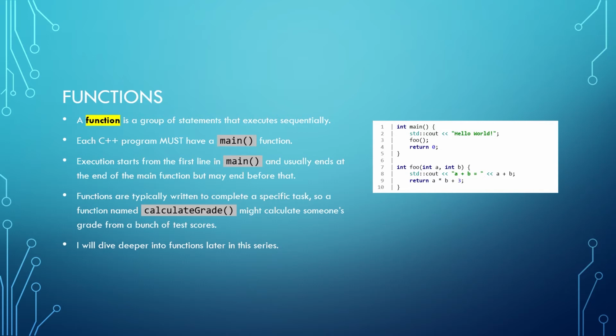The certain cases when it ends before that, we're not going to talk about in this video. Functions are typically written to complete a specific task. So a function named calculateGrade might calculate someone's grade from a bunch of test scores. I'll dive deeper into functions later in this series.